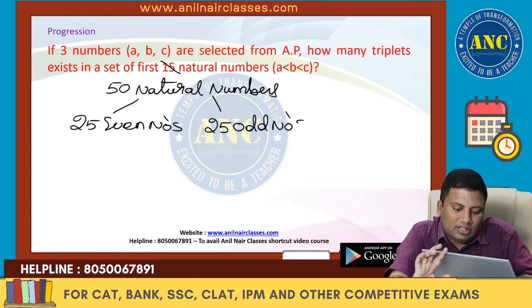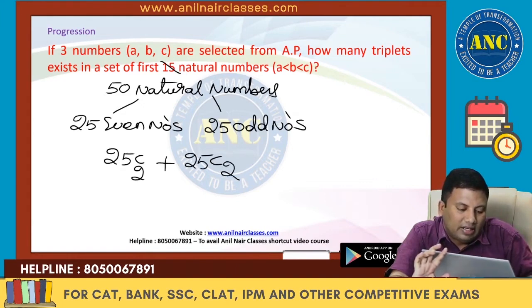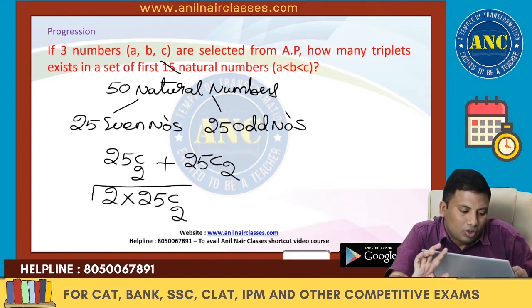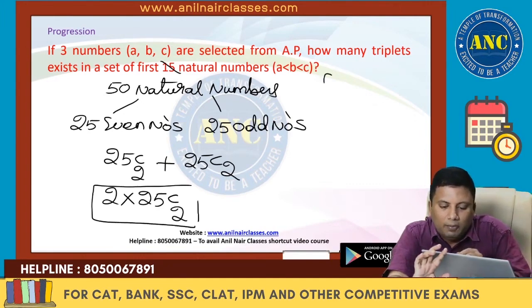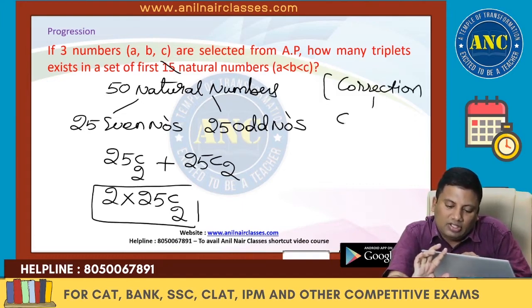It is 25C2 plus 25C2, right? So it is nothing but 2 into 25C2. Please note the correction. There is a calculation mistake in the previous question.